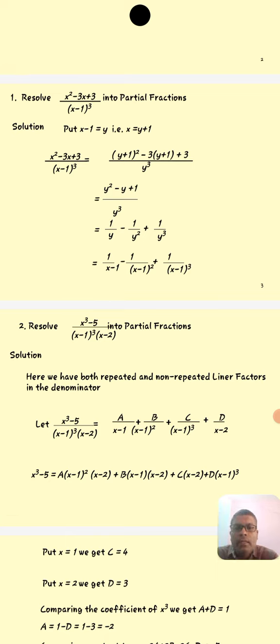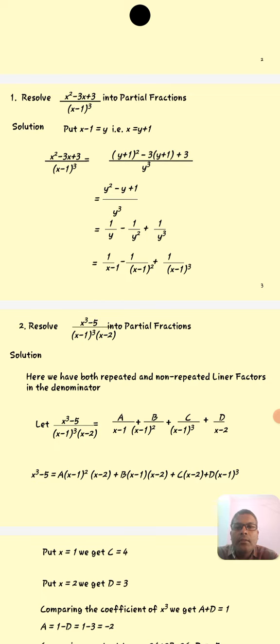Here we complete the simplification. We get (y square minus y plus 1) divided by y cube. Here we split each part. We get y square by y cube minus y by y cube plus 1 by y cube. Now y square and y cube cancel, that is 1 by y, and also y cancels, we get 1 by y square.